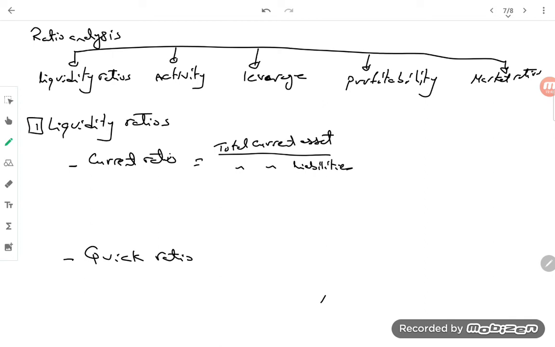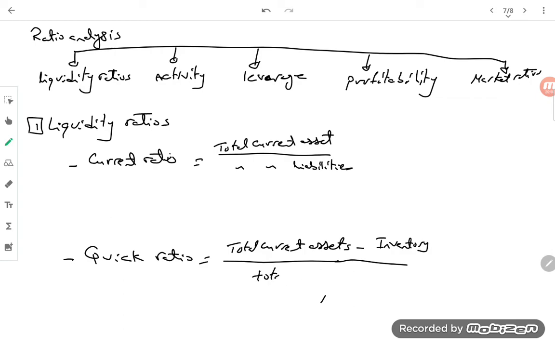This can be found in the firm's balance sheet. With respect to quick ratio, it's calculated as total current assets minus inventory divided by total current liabilities.